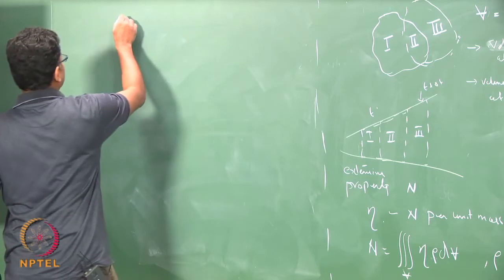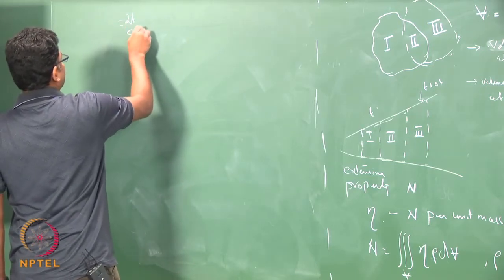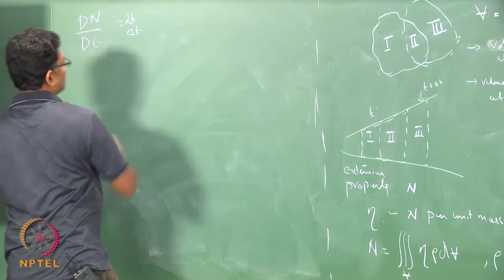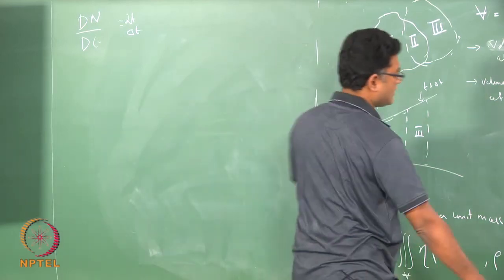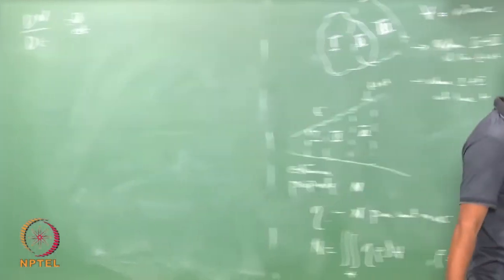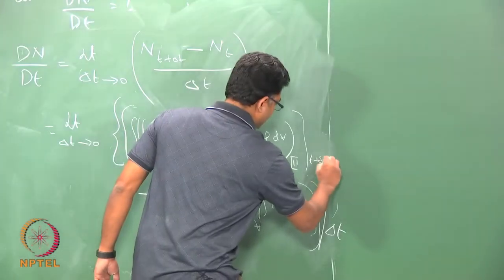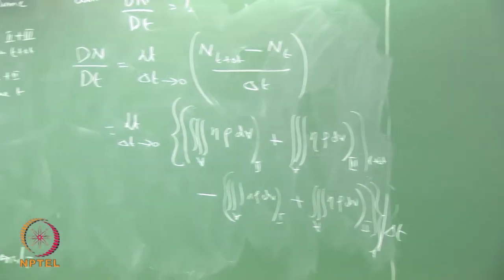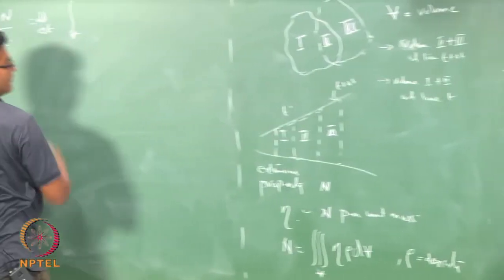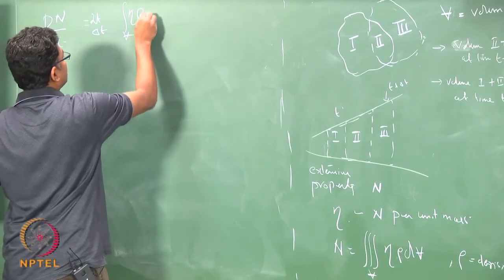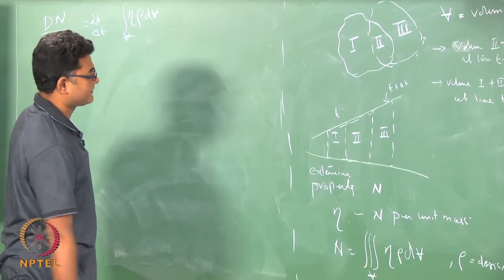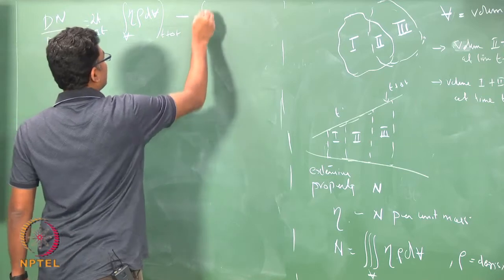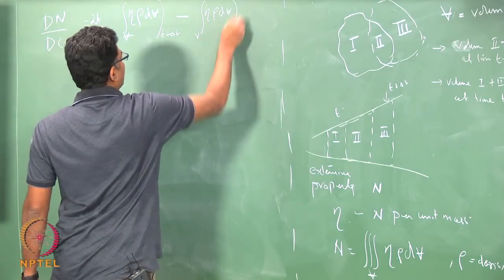So, I rewrite that as the limit delta t tending to 0 of dN by dt. This is at t plus delta t, this is at t. So, I take region 2, the integral over the control volume eta rho dV at t plus delta t minus the integral over the volume eta rho dV at t.